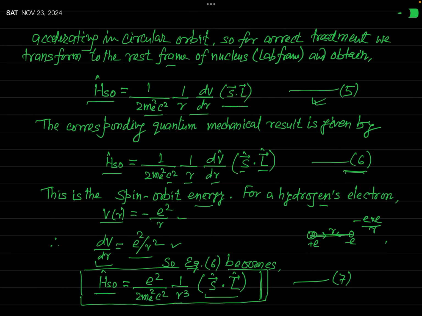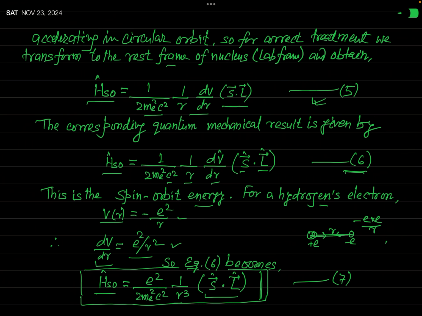Till now we have only calculated the interaction energy due to the spin orbit interaction. If we neglect the spin of the electron in the case of the hydrogen atom, this energy will vanish. So this is the perturbation. Due to the spin orbit interaction, an additional term in the Hamiltonian gets added.